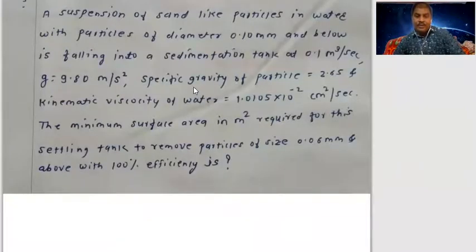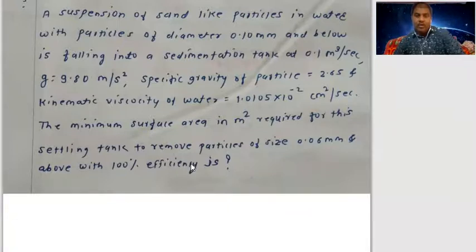Specific gravity of the particle is 2.65 and kinematic viscosity of the water is 1.015 into 10 to the minus 2 centimeters square per second. The maximum surface area in meter square required for this settling tank to remove particles of size 0.06 mm and above with 100% efficiency is.